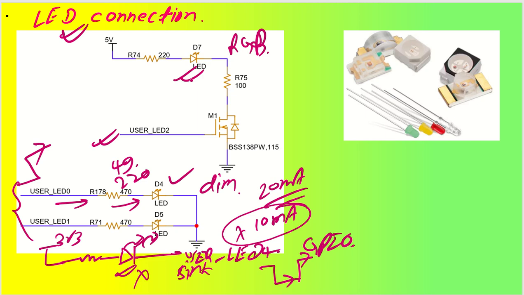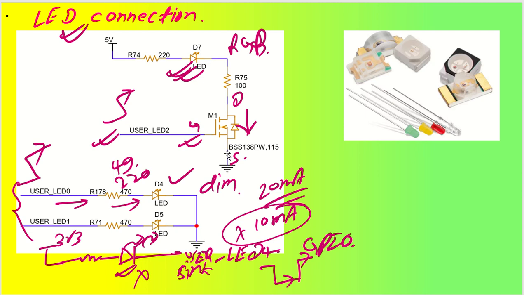So this microcontroller pin which is connected to LED 0 is going to be connected to my gate, and this is my drain, this is my source. Once this goes high, it will enable the gate, and the drain and source will get shorted, that is, it will start conducting and the LED will start glowing. So this is another way of connecting the LEDs.